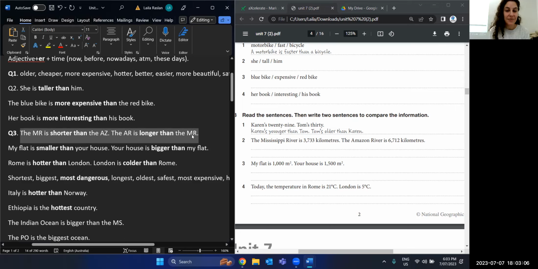Number 3, Letizia. So flat, another word for flat is apartment. So my flat or my apartment.